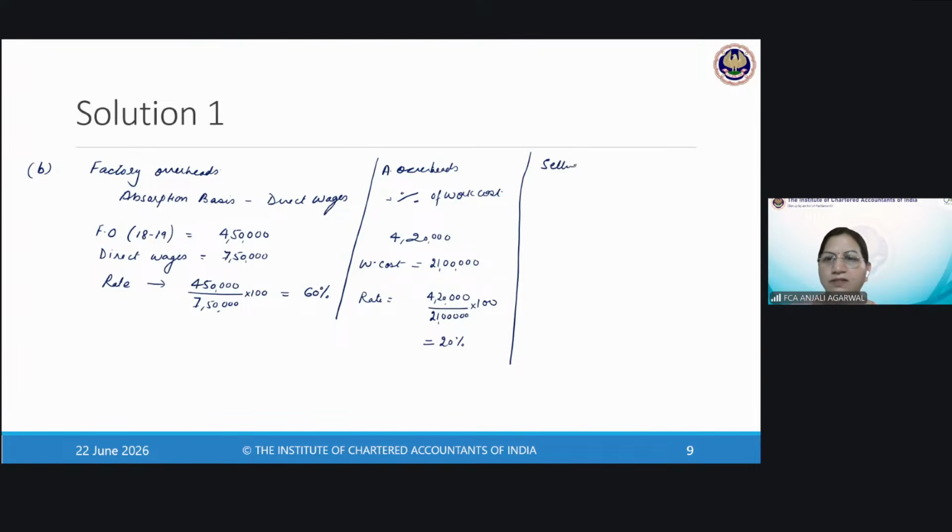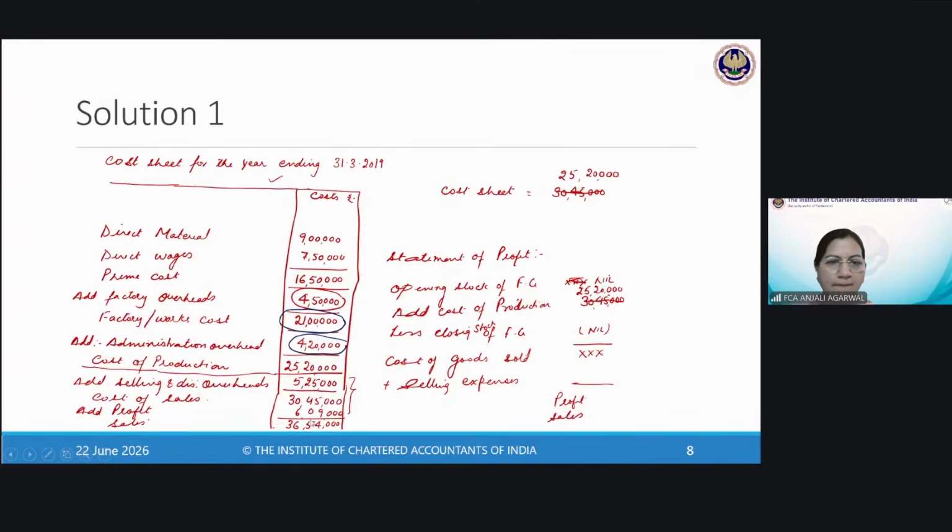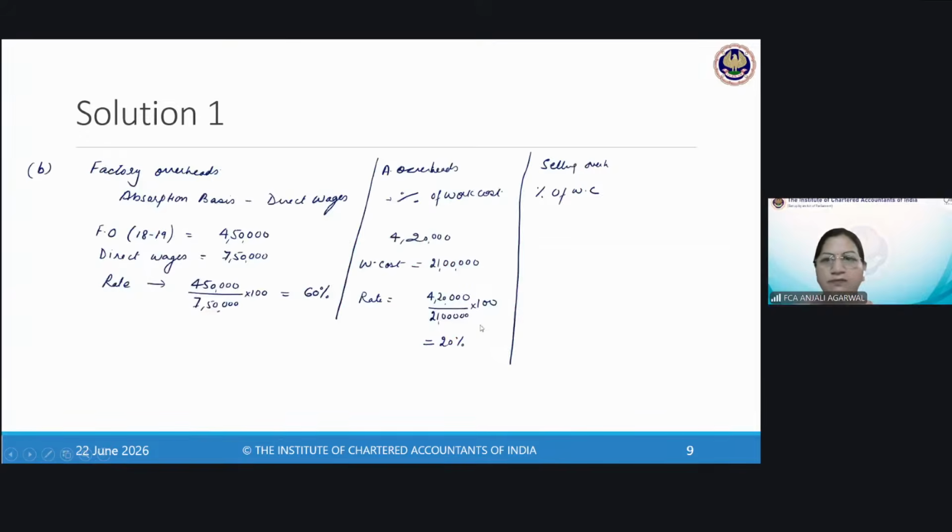Selling overheads, again, basis percentage of works cost. How much is the selling expenses? 5,25,000. Works cost is 21 lakh.